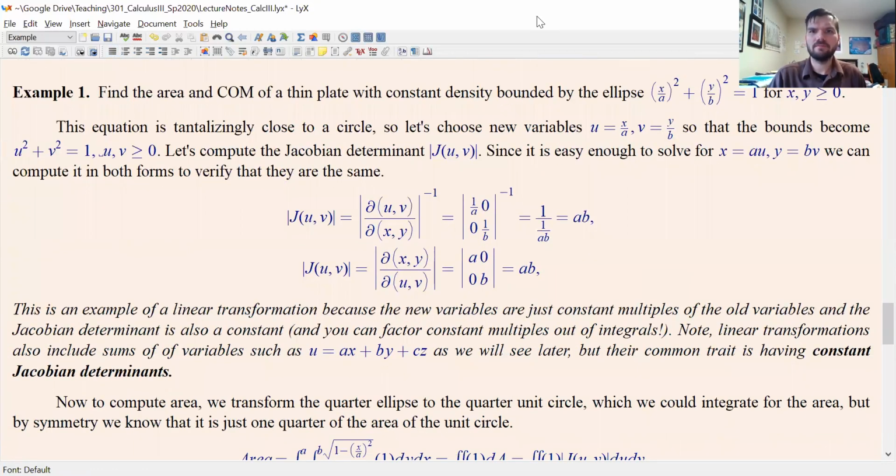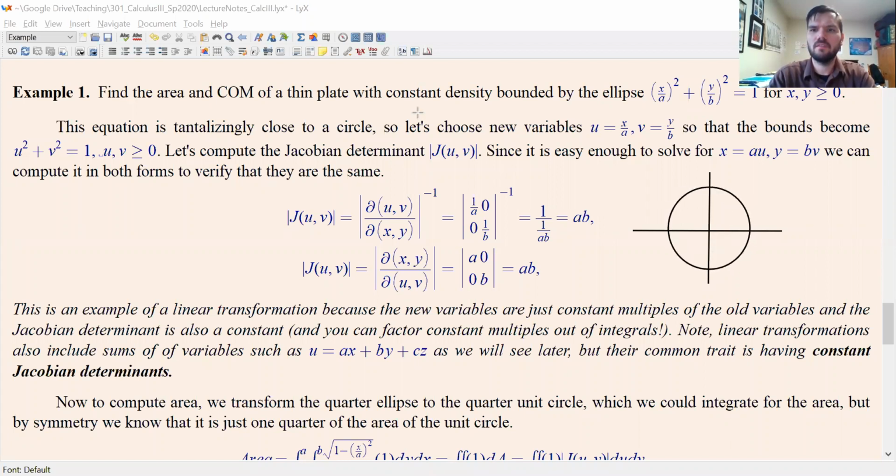Let me draw a picture of that so we can see it. So we have something like this. We want to draw an ellipse on top of it. Here is a circle, and we're going to stretch it out a little bit.